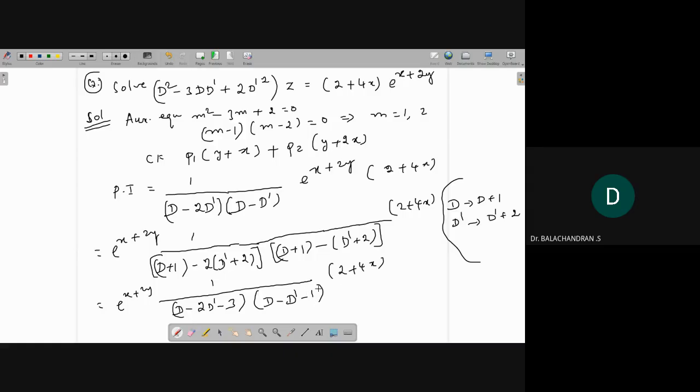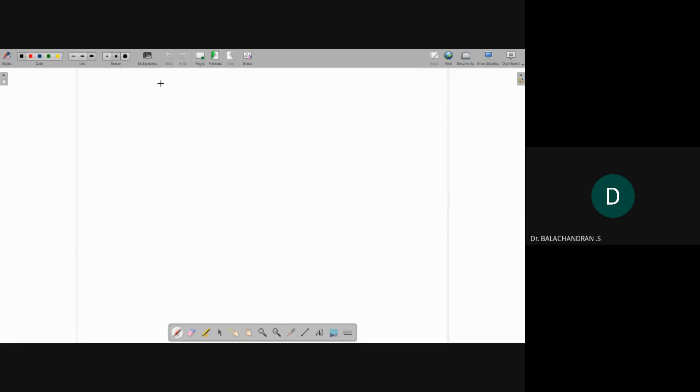Similarly, I am going to write minus 1 commonly. I will write 1 minus D minus D dash. So if you take minus 3 commonly and minus 1 commonly, the next step, this is equal to e power x plus 2y, 1 by minus 3, taking it commonly from the first factor, and minus 1 from the second factor.